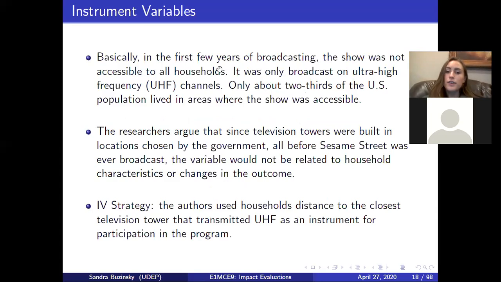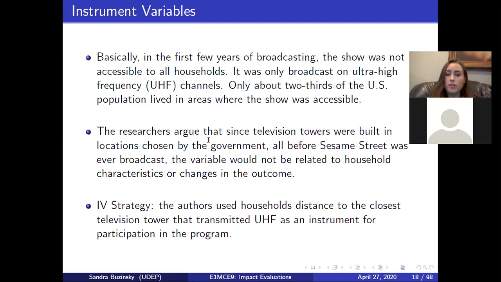In the first few years of broadcasting, the show was not available to all households. It was only given to households that had access to the ultra high frequency, or UHF, channel. Only two thirds of the US population lived in an area where the show was accessible.